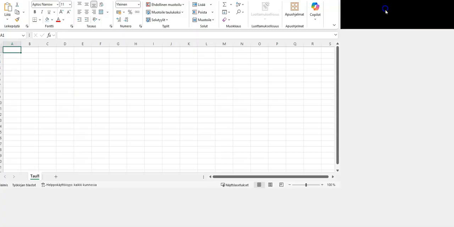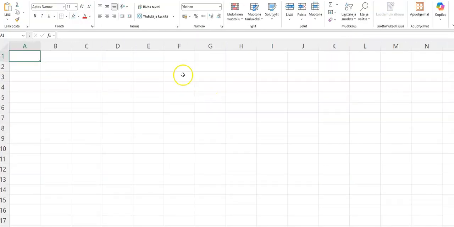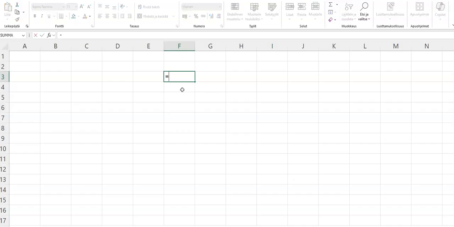Sorry, you can't see my paper now, but in Excel I can use a random number, in Finnish satunnaisluku väliltä, or in English random number between the values I am giving.